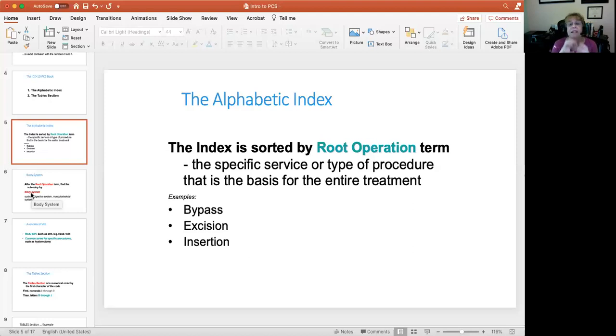So we now have a different root operation for excision, like doing a biopsy, right? A biopsy would be to cut out just some tissue. You're not removing the whole organ, right? And then we have resection, which we use to say we cut out the whole entire organ. Okay?